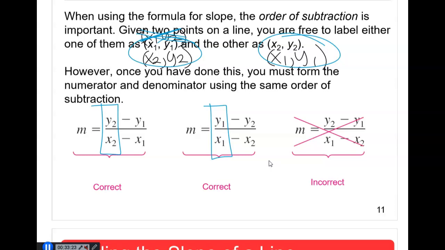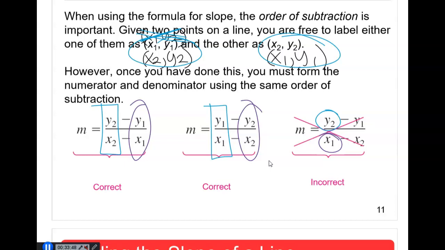So if you start with y sub 2 and x sub 2, then you must continue with y sub 1, x sub 1, and for the other one, you continue with y sub 2 and x sub 2. Just to make sure that you're understanding, if you start with y sub 2, then it will be completely wrong to start with x sub 1. That will be a mistake.